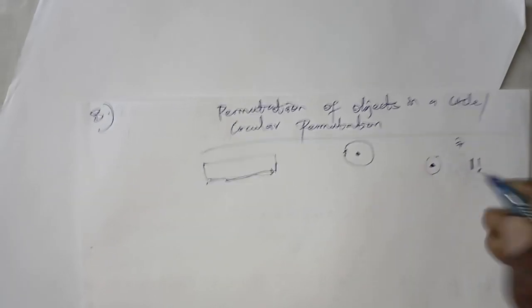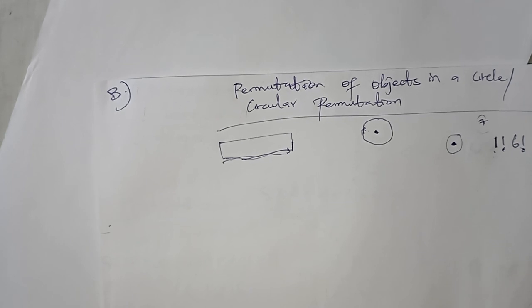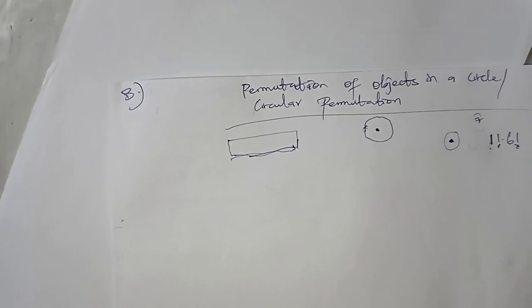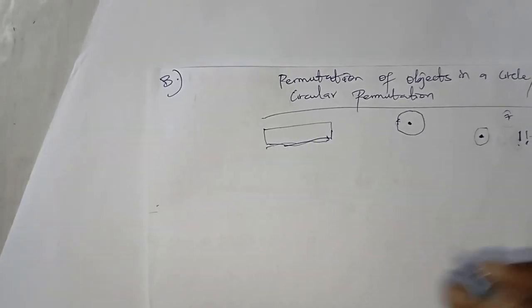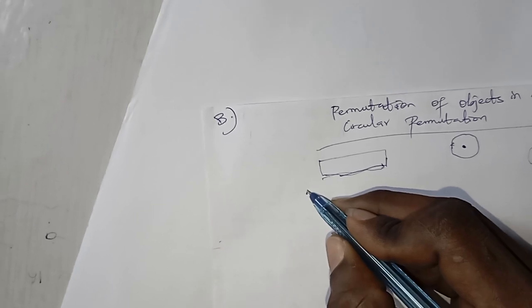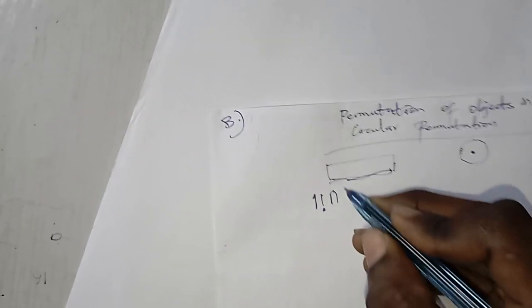So we say 1 factorial, then 6 factorial. So it's the same thing as saying for circular permutation is always 1 factorial n factorial.